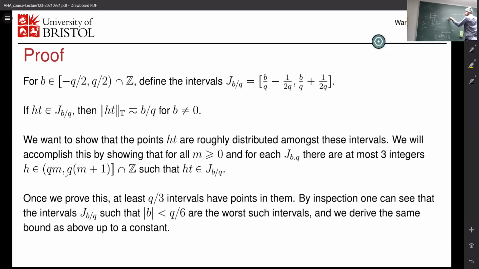For each point in j of b over q, I pick up a contribution of b over q coming from this.